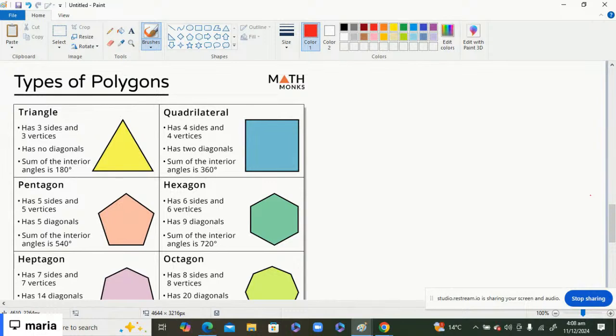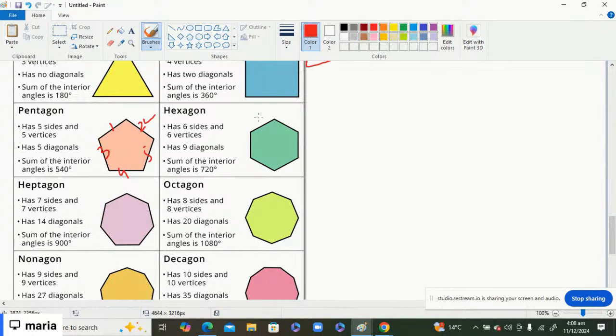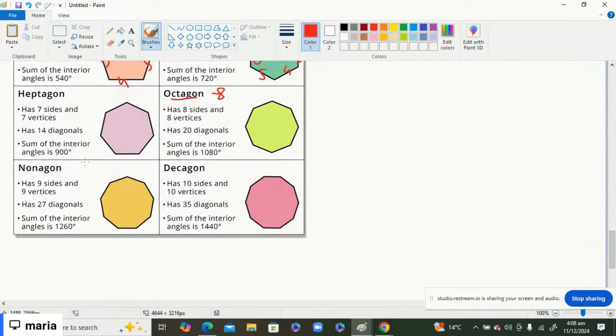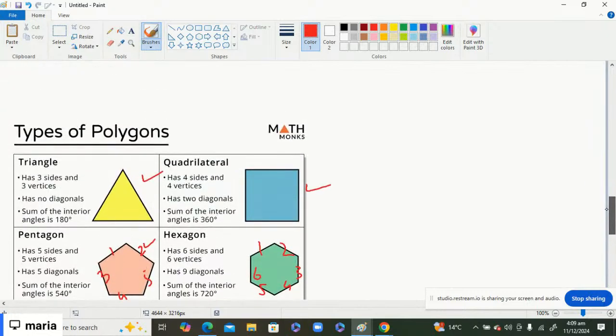There are basically 3 sides for the triangle. And these are the types of polygon. First one is the triangle. Then look at here, this one is the triangle. Then square. Pentagon has 5 sides: one, two, three, four, and 5. That's why we are saying that this is a pentagon. Hexagon, 6 sides: one, two, three, four, 5, and 6. Now heptagon, 7 sides. Octagon, 8 sides. Then nonagon, that is 9 sides. Decagon, that is 10 sides. So these are all the names just like this.